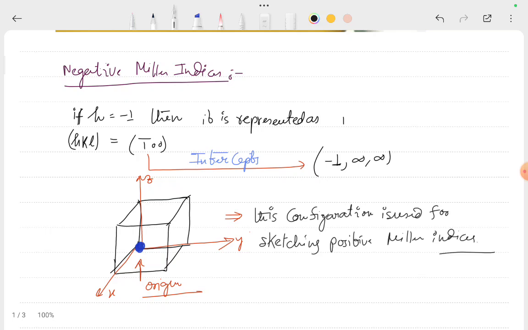But for negative Miller indices, what can we do? For sketching negative Miller indices, we shift the origin. So now our next task is shifting the origin.